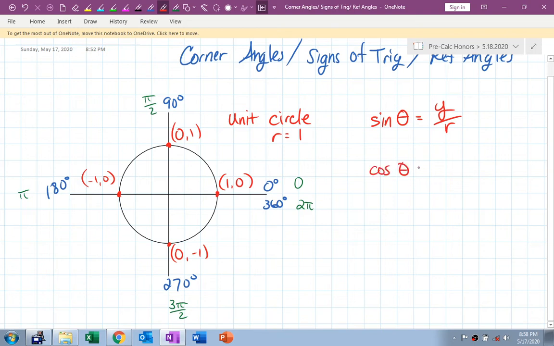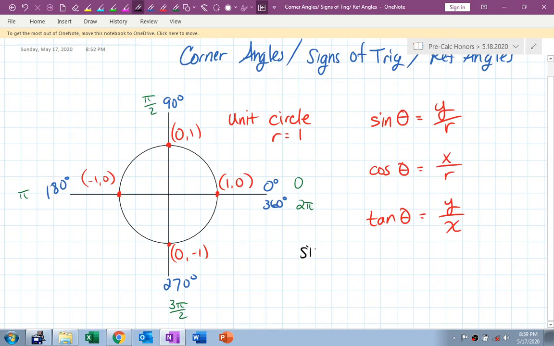The cosine is the x value, and the tangent is y over x. Okay. Now, again, since r is 1, we don't necessarily need to worry about that. But I just want to show you how you would use those to evaluate some things, okay?